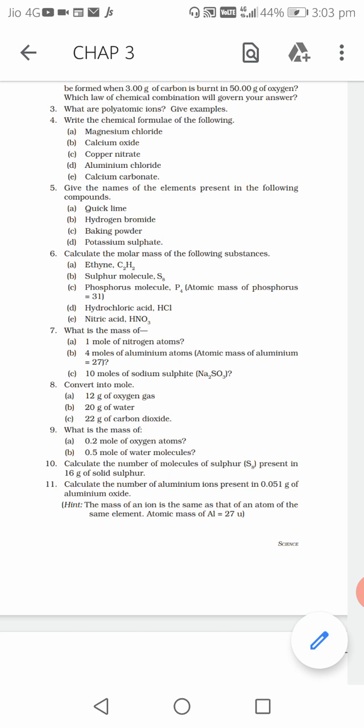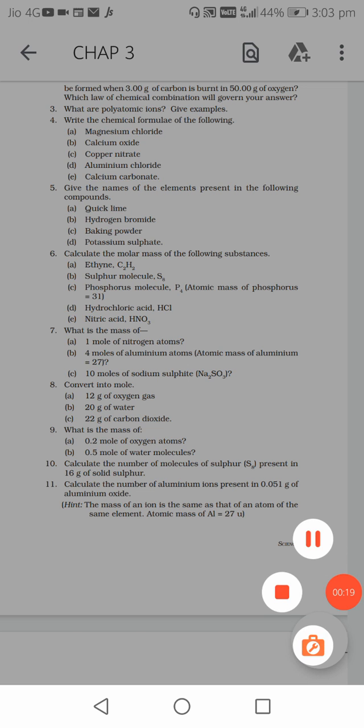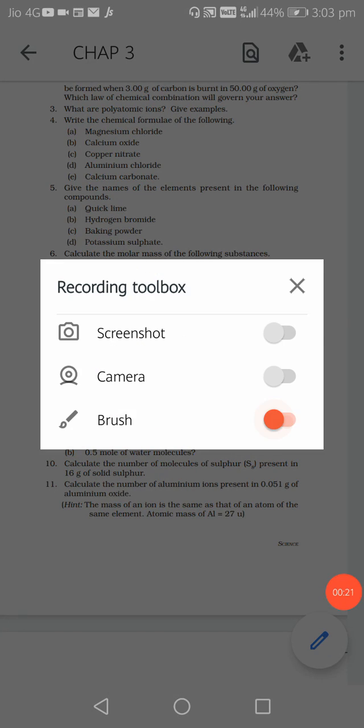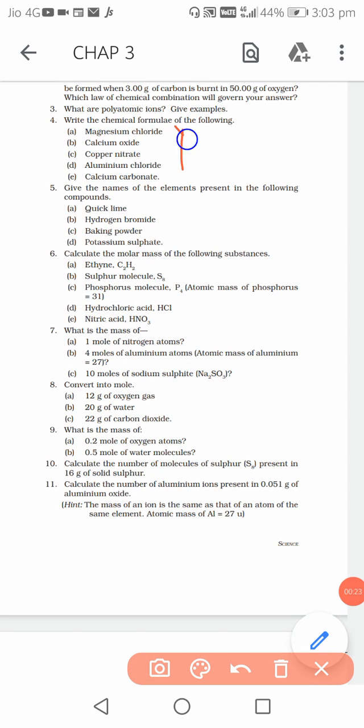It is given, what is the mass of 1 mole of nitrogen atoms that you are asked to find out. Remember, nitrogen atom means it is only one N, molecule means it is N2, atom is 1 N. So what you are asked to find out is the mass of 1 mole of nitrogen atoms.